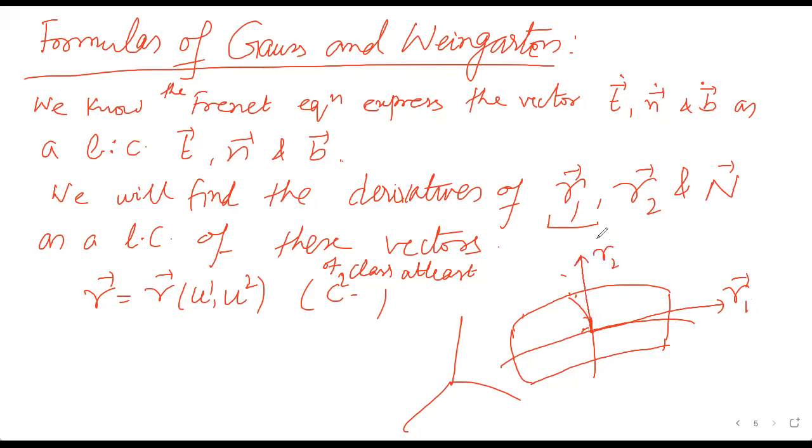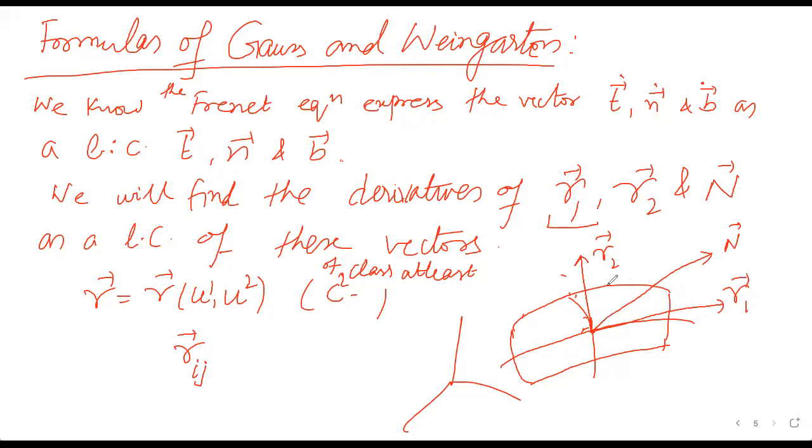These are tangent to the surface. And where is your vector N? N is normal to the surface always. So what about the derivatives of R1 and R2, which I denote by Rij? What about this Rij?